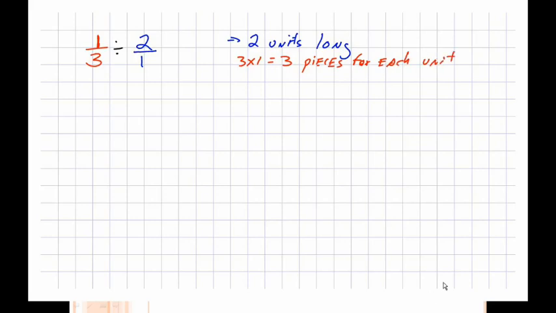So my number line should look something like this. We start at 0. There's 1, and there's my 2. And now I need to take each unit and it's split up into 3 equal segments.